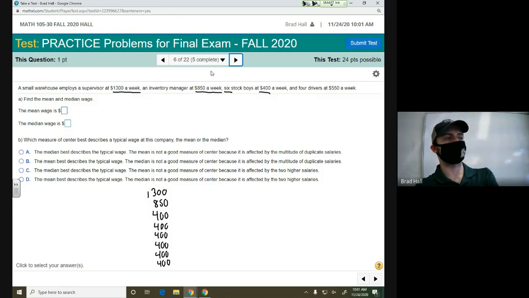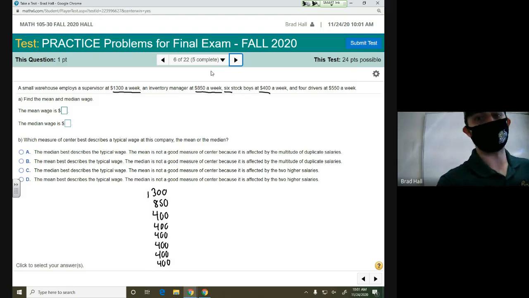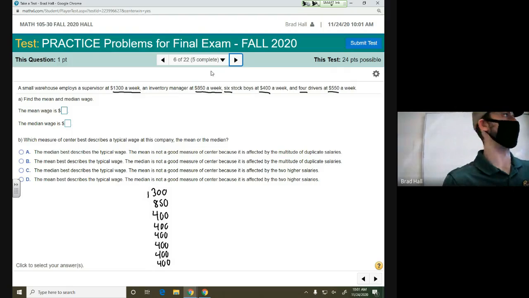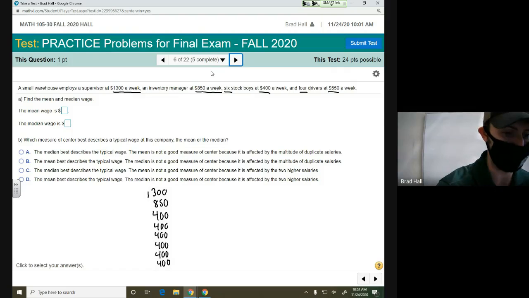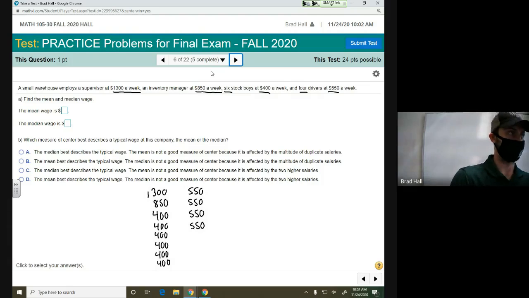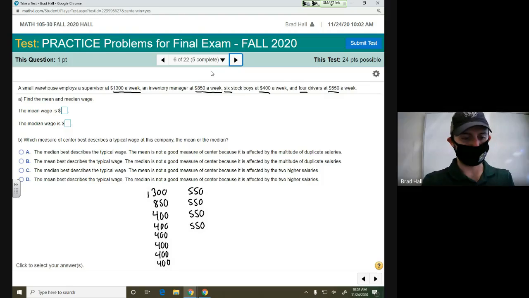And then 4 drivers at 550 a week. So then you have to put 550 4 times. 1, 2, 3, 4. And that's what you would list in your calculator, which I'm going to go ahead and do right fast.